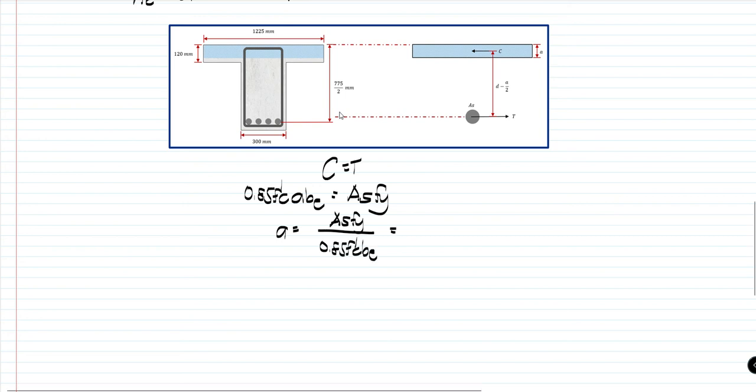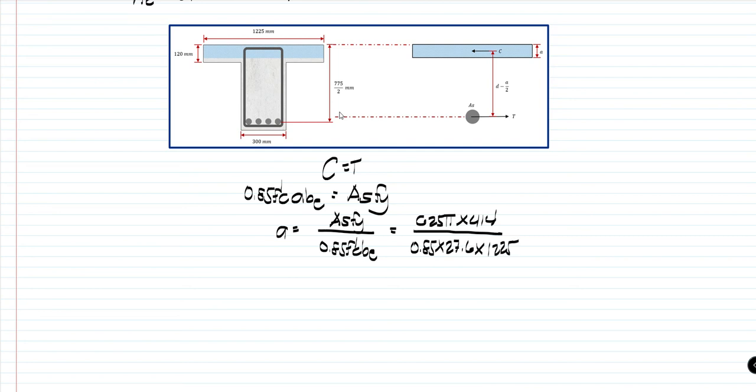So that will be equal to 625 pi times 414 divided by 0.85 times F'C, which is 27.6, times 1225 na BE. Our A coming from this calculation will be equivalent to 28.2856. That is in mm.